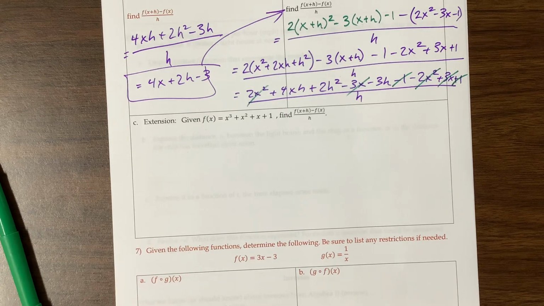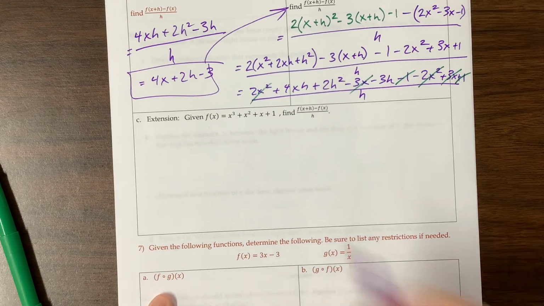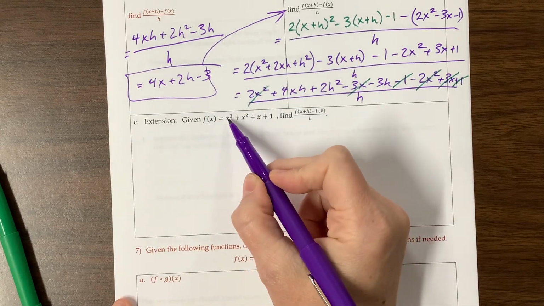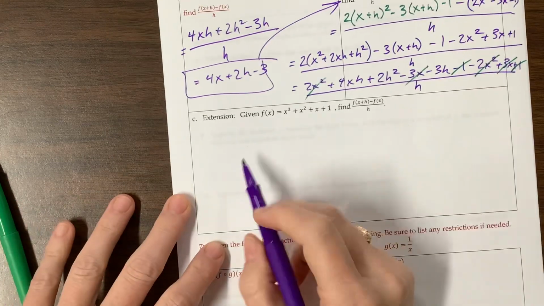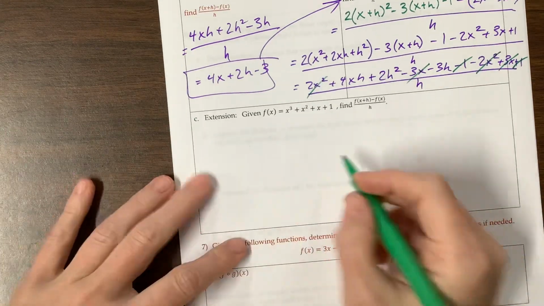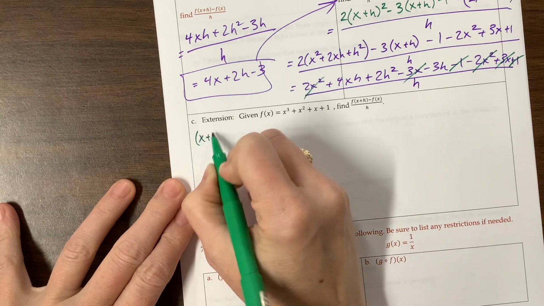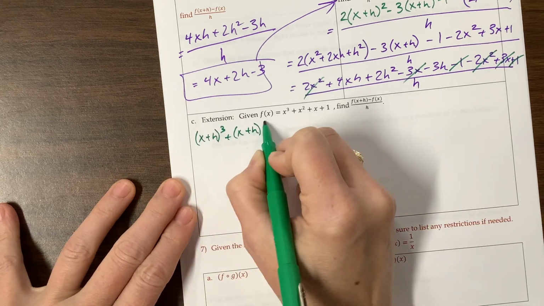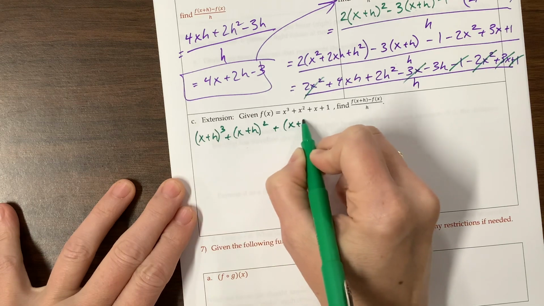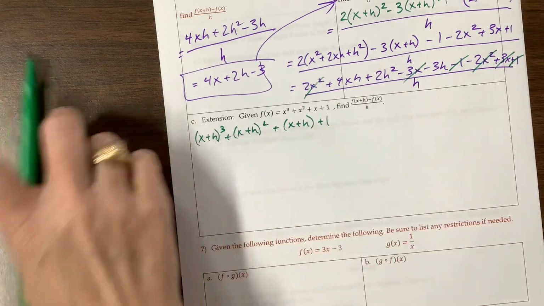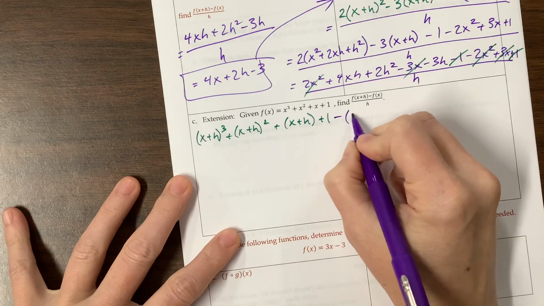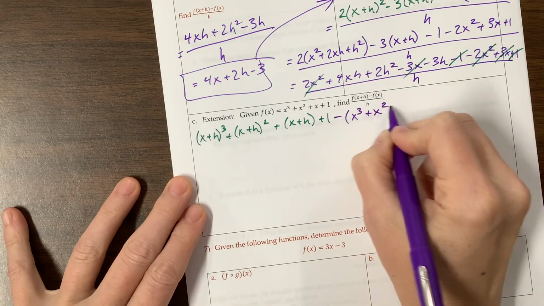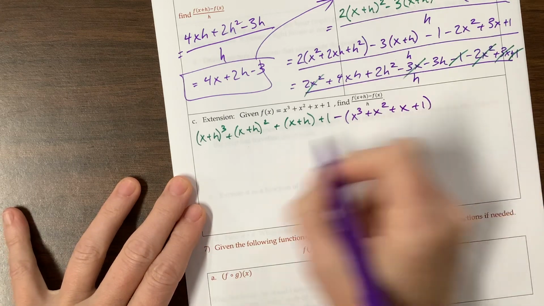Okay, now here comes one that's a little bit more fun. This is an extension, but because we know Pascal's triangle, I'm going to go with it. What we have is (x plus h) cubed plus (x plus h) squared plus (x plus h) plus 1, minus (x cubed plus x squared plus x plus 1).